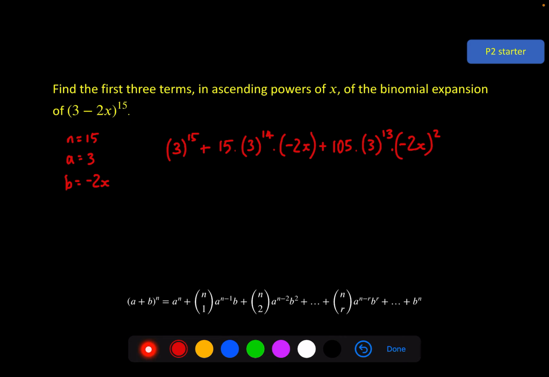So here I have three terms, the first three terms in ascending powers of x.